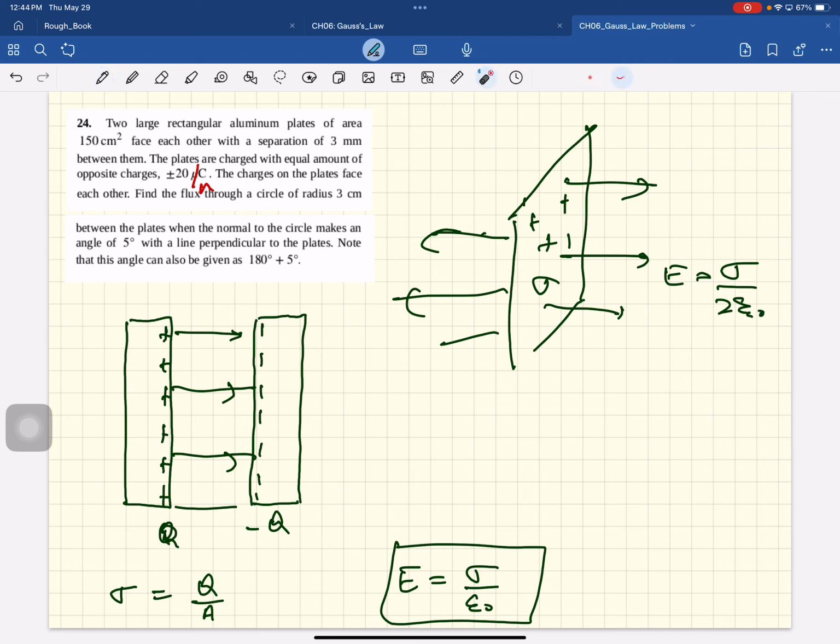This field is twice that because this field here was 0. So all that field you can think of as having gotten in between the plates. So this field is sigma by epsilon naught.